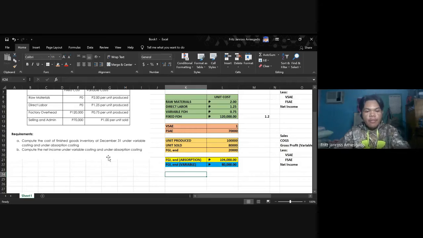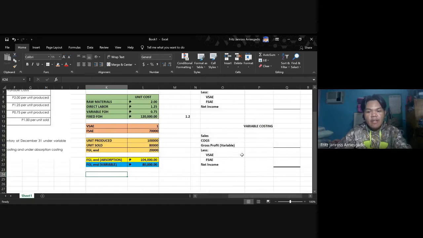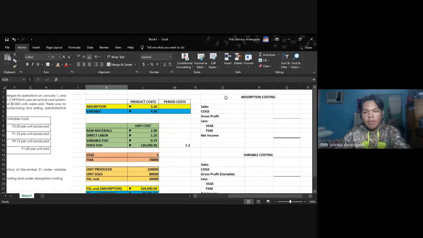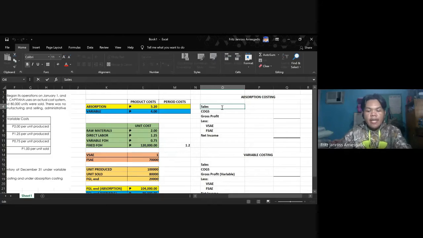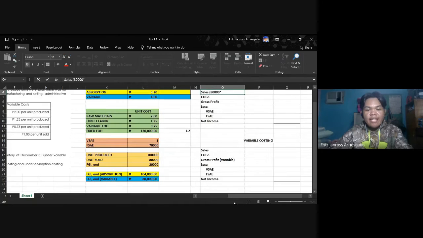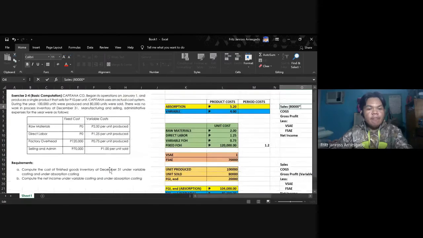Compute the net income under variable costing and under absorption costing. First, let us deal with absorption costing. Your sales is the total units sold, which is 80,000, multiplied by your unit selling price. How much is your unit selling price?